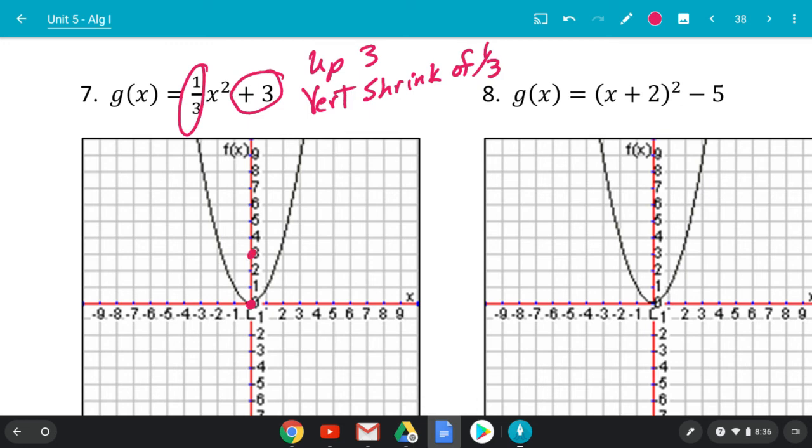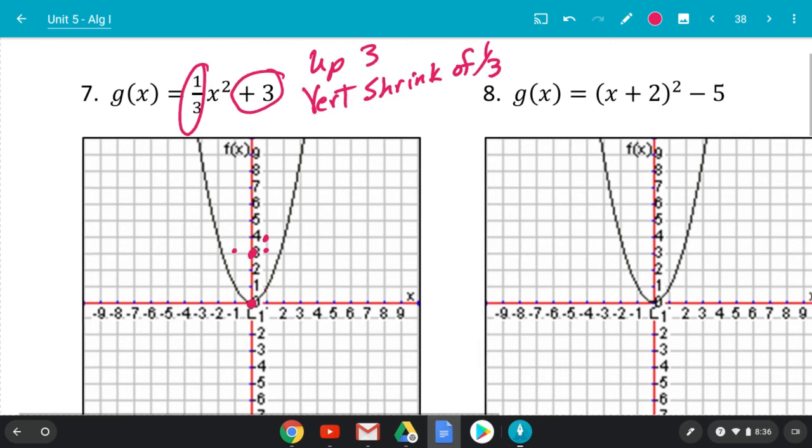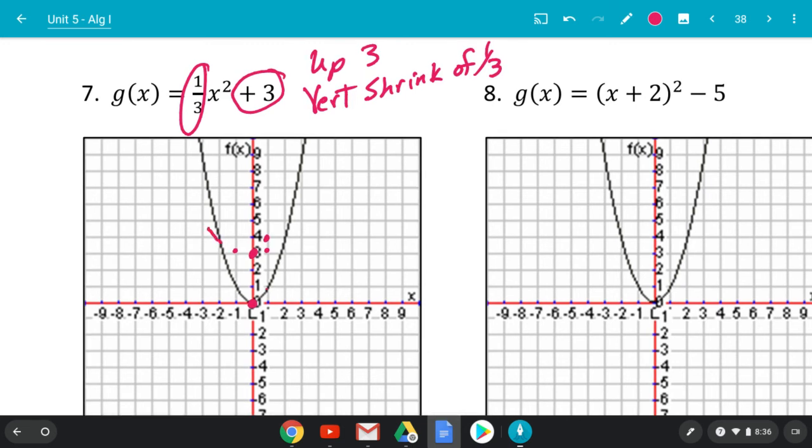And then this point is going to go up 3, 1, 2, 3. But then it's going to get shrunk to a third its size. So it's going to be a lot fatter. Okay. How many people got that one? Are you understanding now? Yes? No? Maybe? All right.